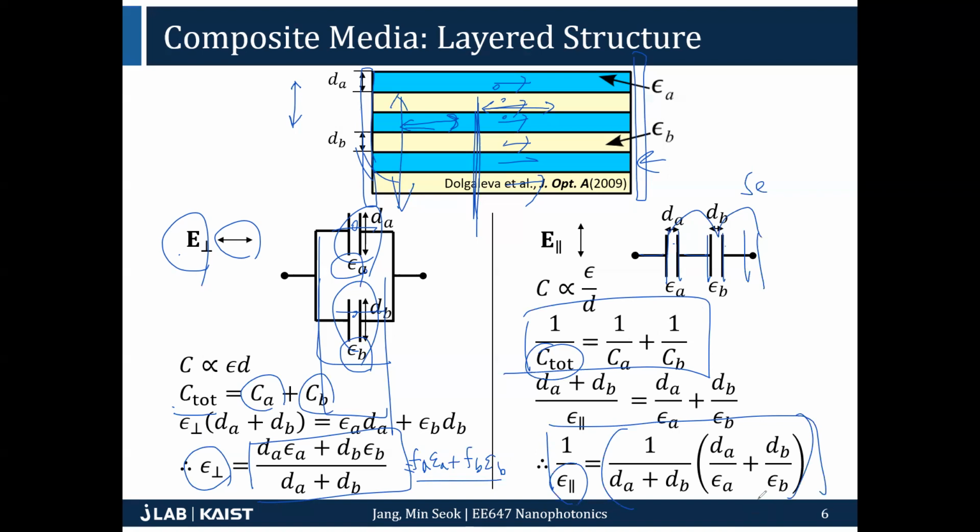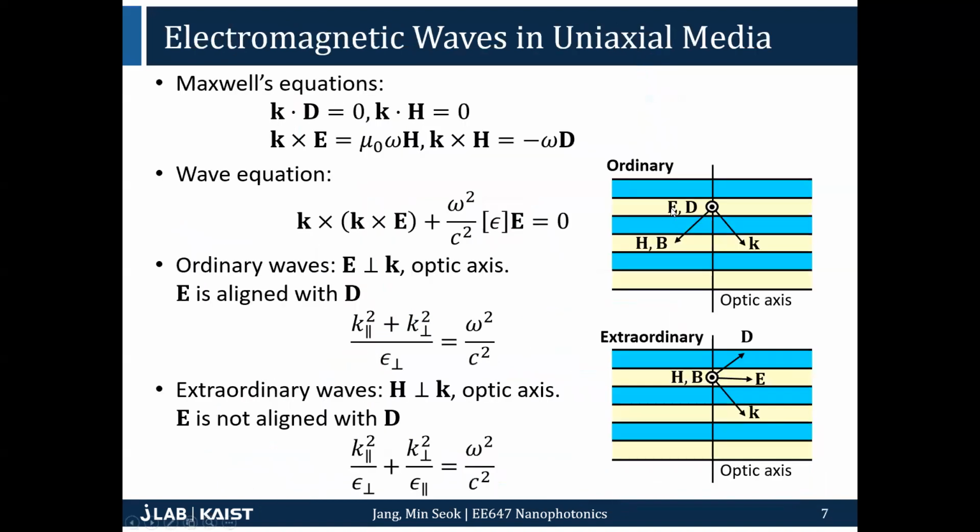So what this tells you is that if you have a layered medium, your permittivity varies a lot depending on the direction of the electric field, so that you can create an anisotropic metamaterial. Okay, so why is this interesting? Well, you can think of many different things.